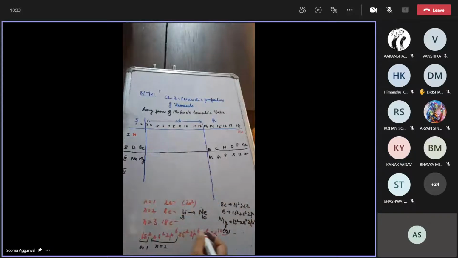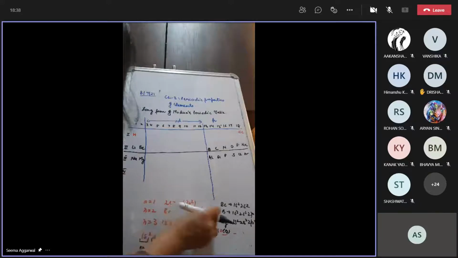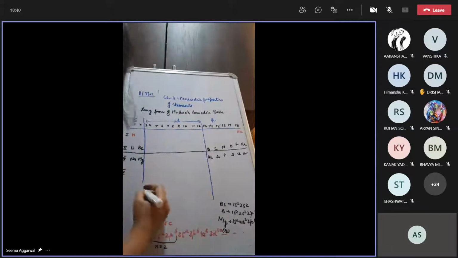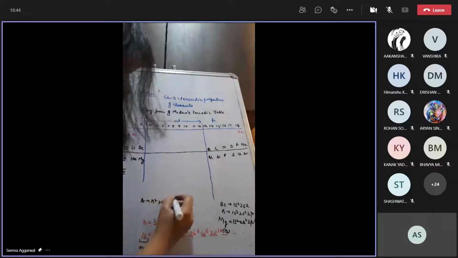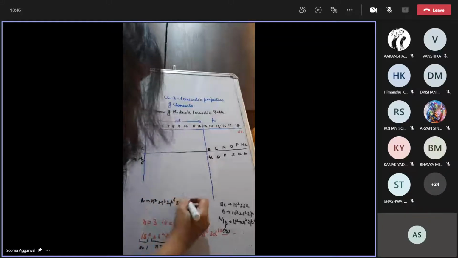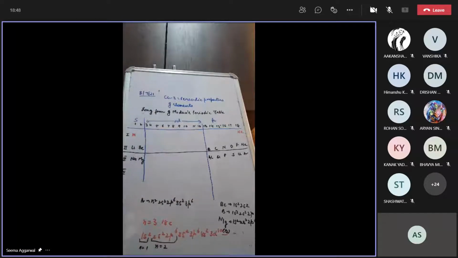Okay? Now here when we have got argon, now this I am running. Argon means 1s2, 2s2, 2p6, 3s2, 3p6. Okay. Now after this, according to the Aufbau principle, where should the next electron go?